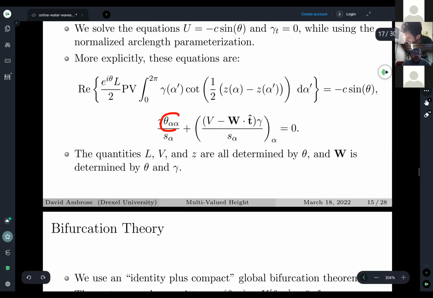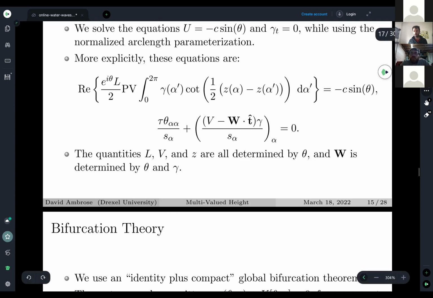And here we have theta right here. So we apply two antiderivatives with respect to alpha, and that gets me theta plus two antiderivatives of this stuff equals 0. Smooth terms give you compact operators, and the two antiderivatives make this smooth. The smoothness comes from the fact that the difference between the singular integral and the Hilbert transform is smooth, and that gives a compact operator.